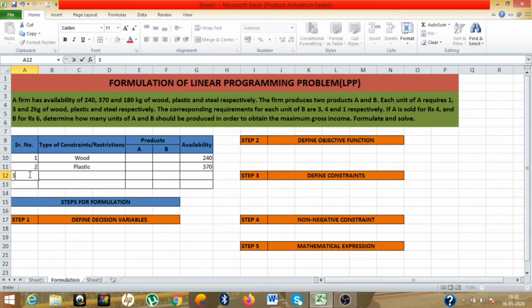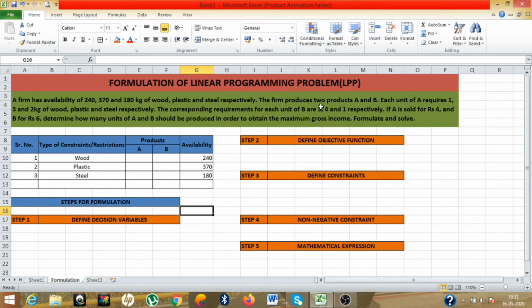The third resource is steel and the total availability of steel is 180 kg. Now with these resources we are going to produce two products A and B. So for each unit of A, how much wood is required?